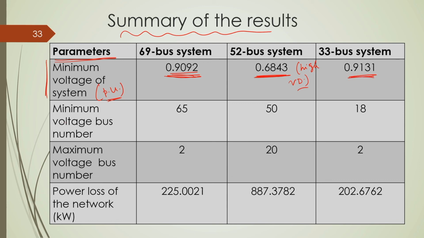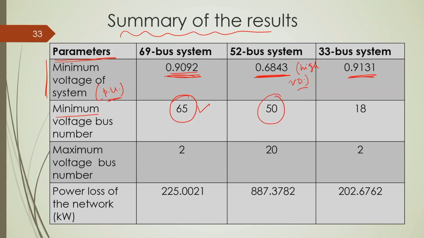Also, this least voltage magnitude occurs at which buses? For the 69 bus system it occurs at the 65th bus. Similarly, for the 52 bus system it occurs at the 50th bus. Similarly, for the 33 bus system it is the 80th node.